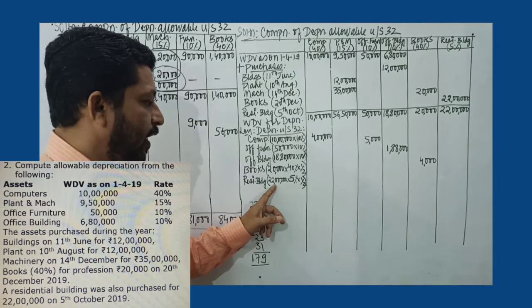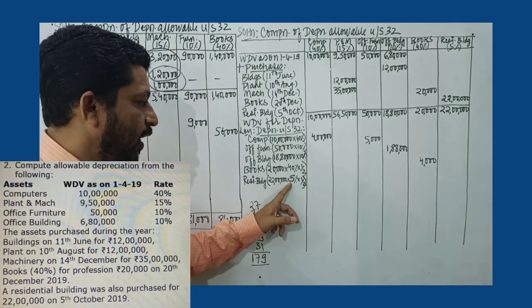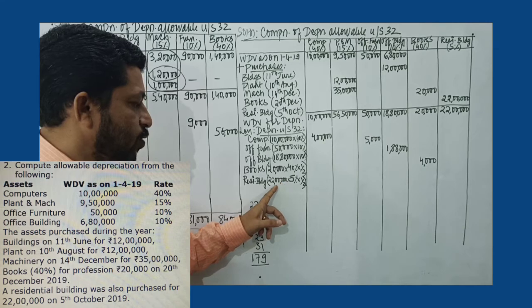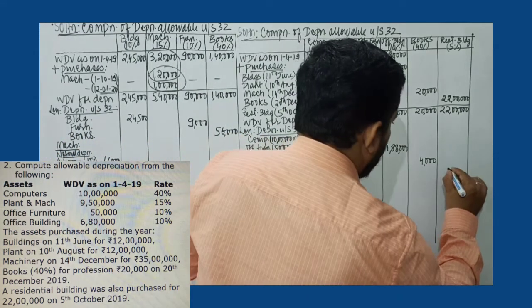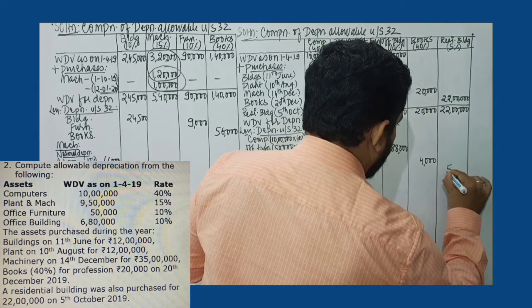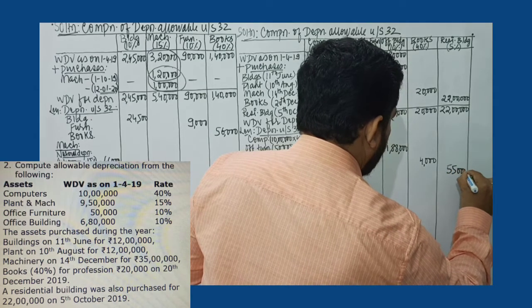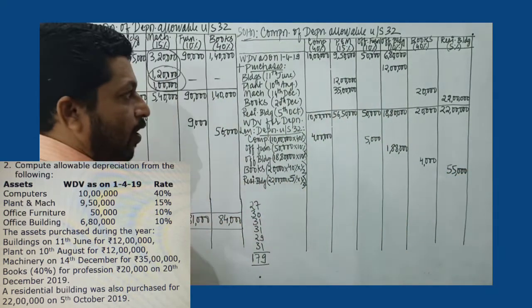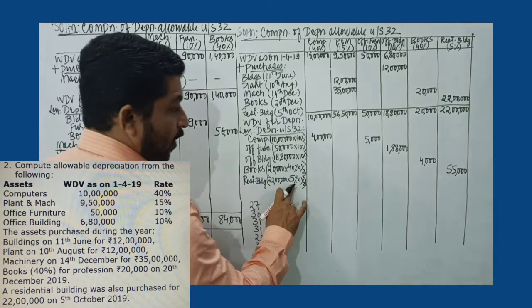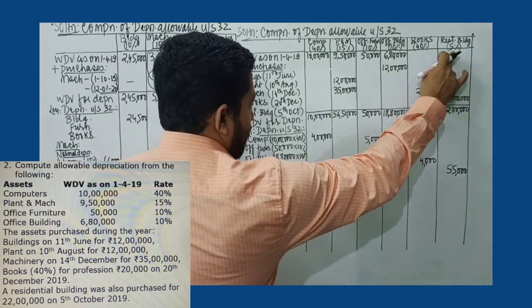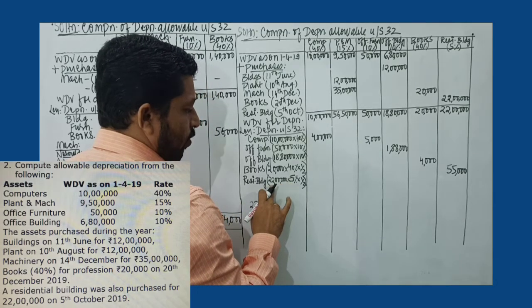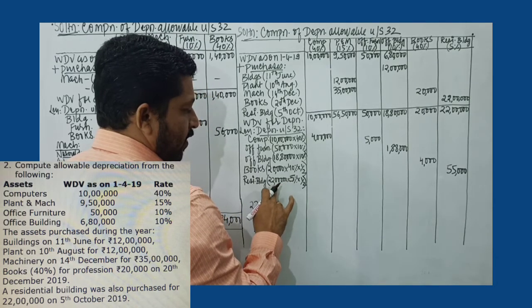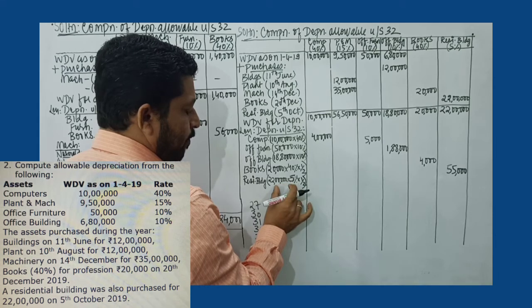So 22 lakh into 10% would be 2,20,000. Half of that is 1,10,000 and half of 1,10,000 is 55,000. So 55,000 will be the depreciation on the block of residential building. On residential building, the block rate is 5%. So 22 lakh into 5%, 10% would be 2,20,000, 5% is 1,10,000.